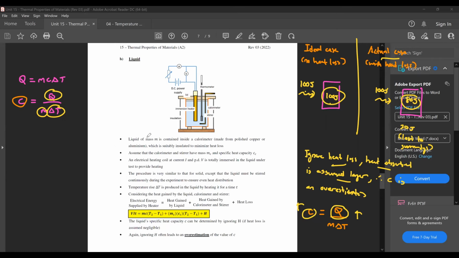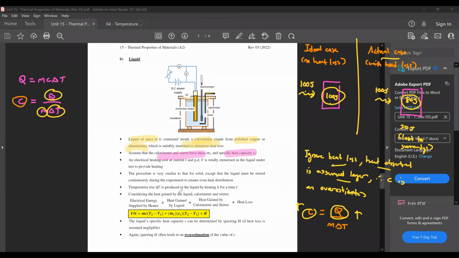So here you have, say, a liquid of mass m that's contained inside a calorimeter. This is your container, which is made from polished copper or aluminium, and it's also insulated to minimize any heat loss. Now your container that is used to hold the liquid would have its own mass as well as specific heat capacity. Your container actually would have a stirrer along with it.